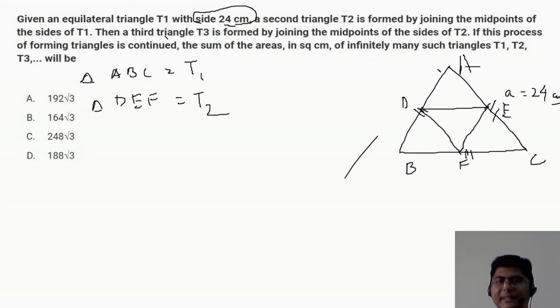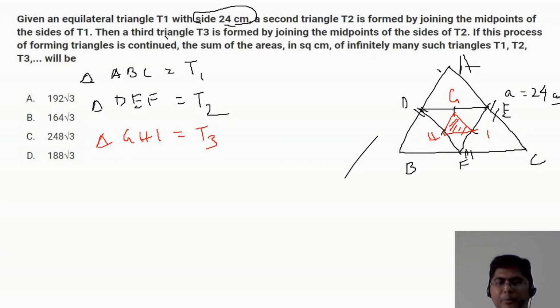Now what is T3? Now there will be the midpoint of DE, this is and then this is. So let's say G, H and then I. So this is T3. So triangle GHI is equal to T3. Correct?